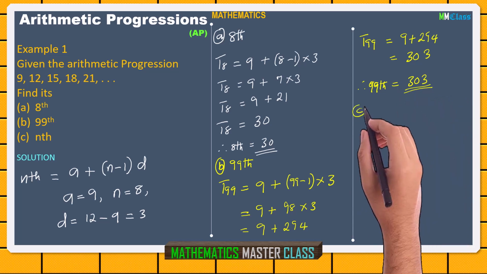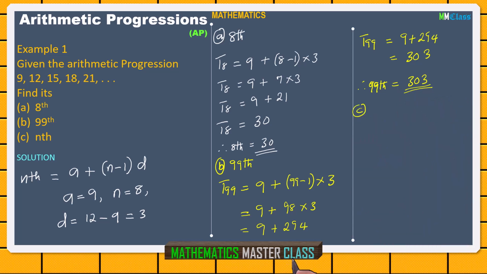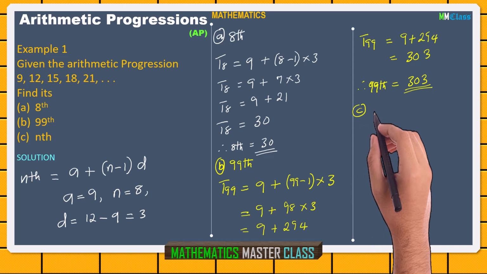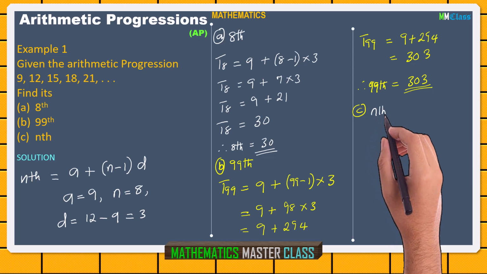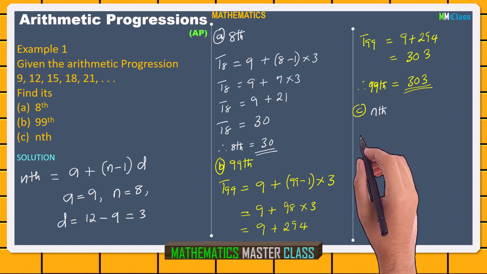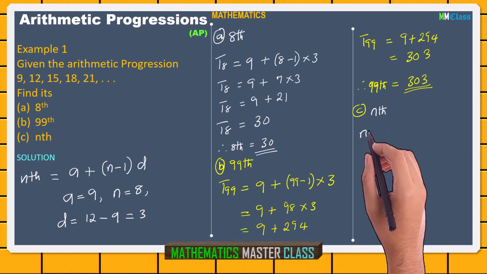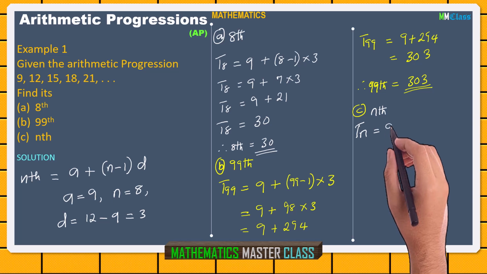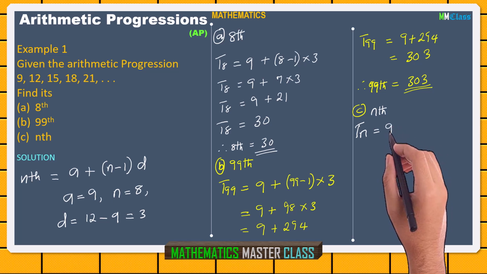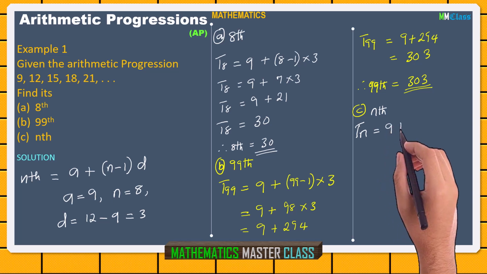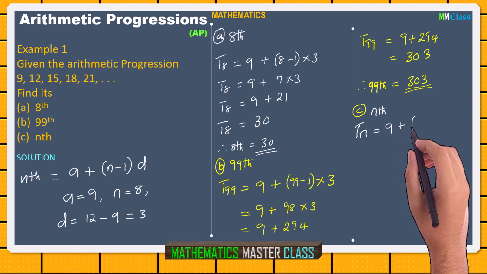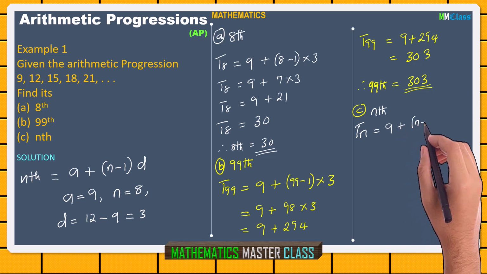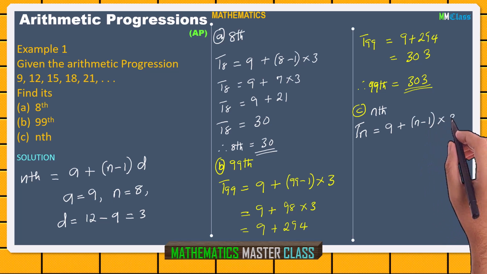Let's consider the C part. We are looking at the nth term, which is the formula itself. Tn is equal to the first term, 9, plus (n minus 1) times the common difference of 3.